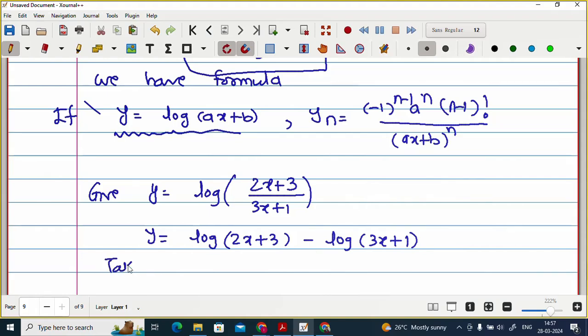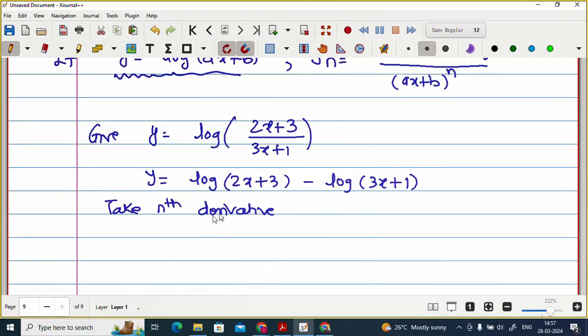So if I take nth derivative, we can apply separately over the subtraction or addition. So yn is equal to nth derivative of log of 2x plus 3 minus nth derivative of log of 3x plus 1.